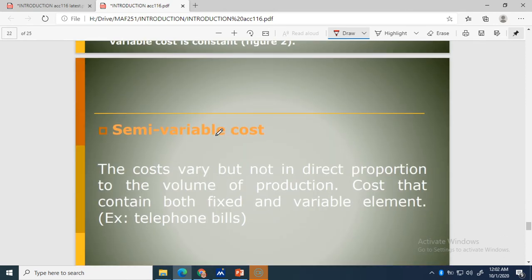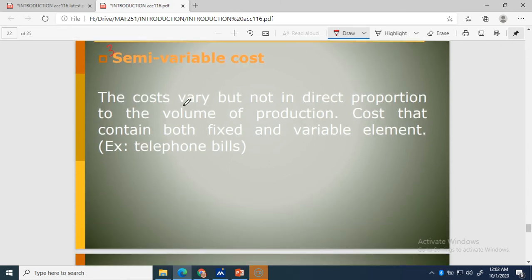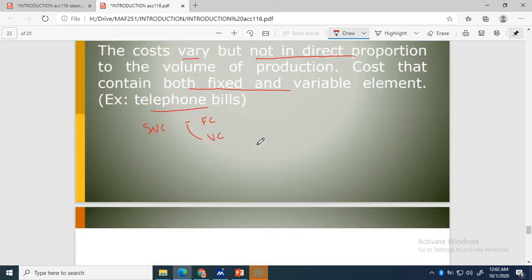The next one, number 3, is semi-variable cost. Semi-variable cost also varies, but not in direct proportion to the volume of production, because it contains both fixed and variable cost. An example is telephone bills.